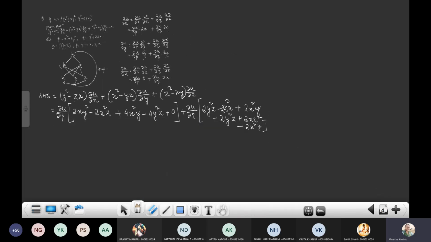Just see if I missed something. Because here it is 2y²z and 2y²z, 2x²y minus 2x²y, and 2xz² and 2xz².